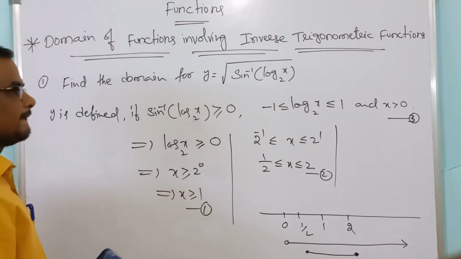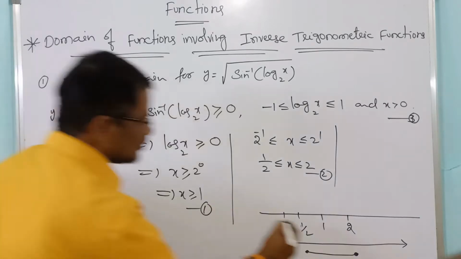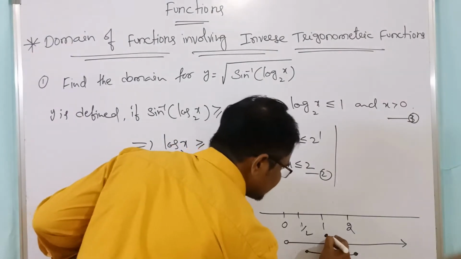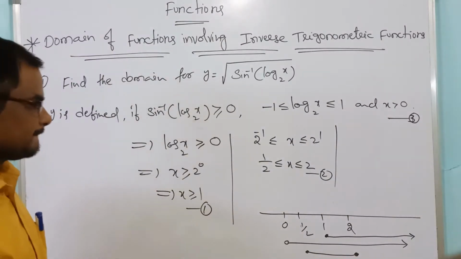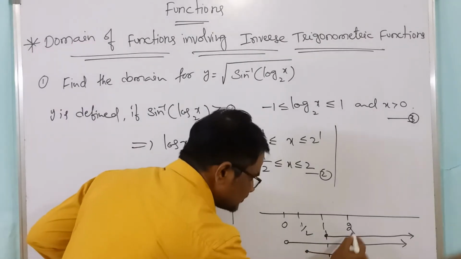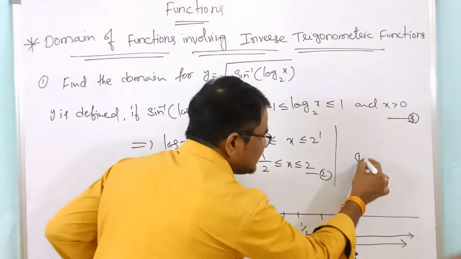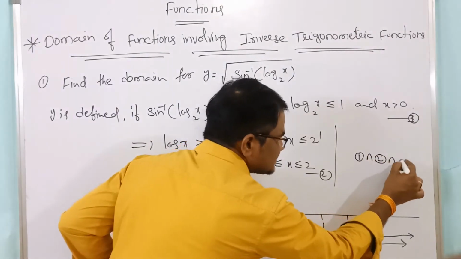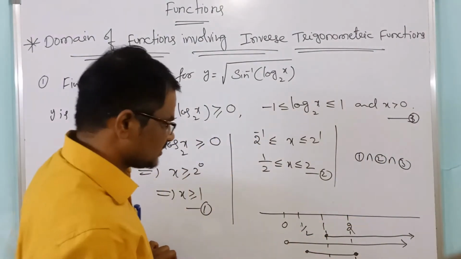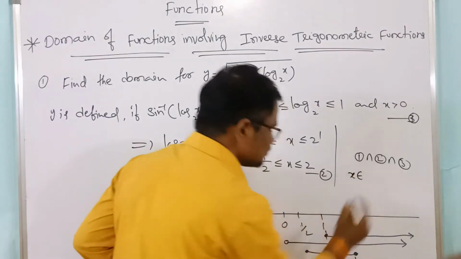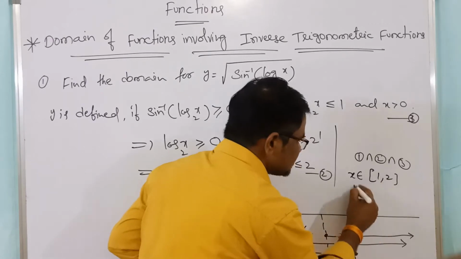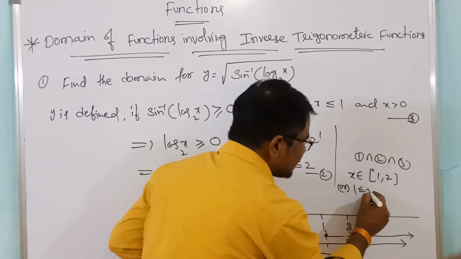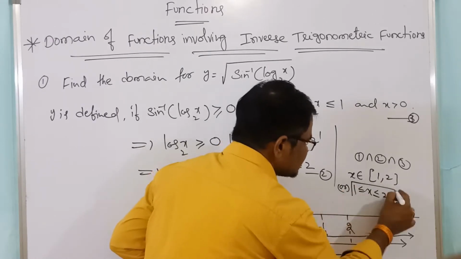Next one is greater than or equal to 1. Now what is the common area? The intersection of 1, 2 and 3 is: x belongs to the closed interval 1 to 2, that is, 1 is less than or equal to x, which is less than or equal to 2.